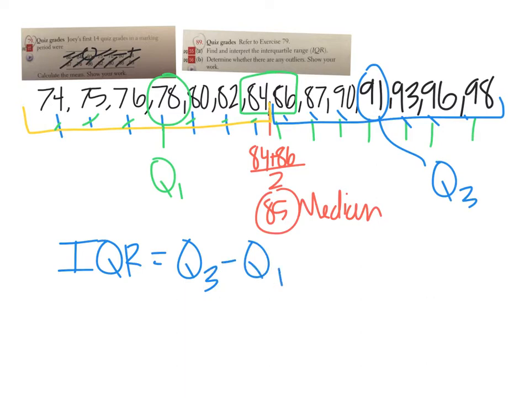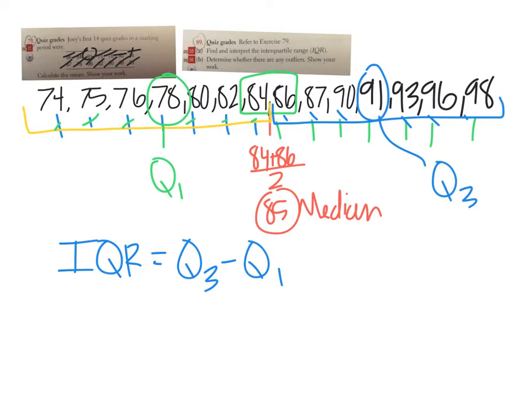And the reason is, remember, we're finding these quartiles to find where 25% of the data lies. So 25% of the data comes below Q1. Another 25% is between Q1 and the median. Another 25% is between the median and Q3, and another 25% is after Q3.